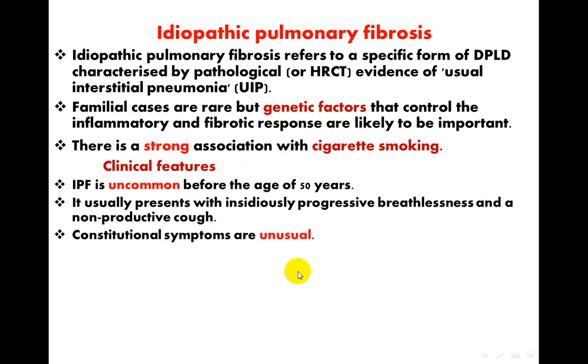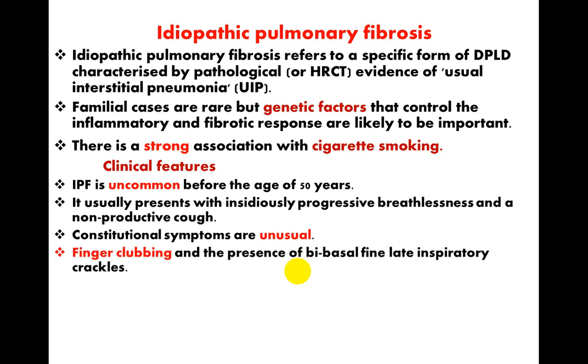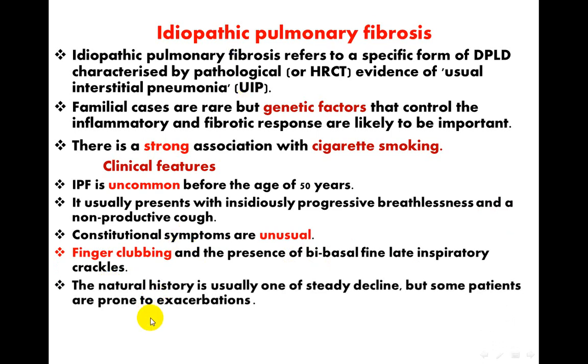Unusual constitutional symptoms are important. Finger clubbing and the presence of bibasal, fine, late inspiratory crackles are characteristic of idiopathic pulmonary fibrosis. The natural history is usually one of steady decline, but some patients are prone to exacerbations. I mean, it's a progressive disease and might increase in severity with time.